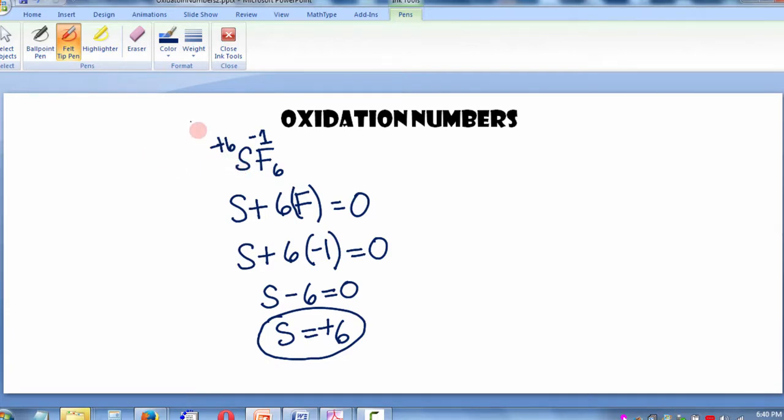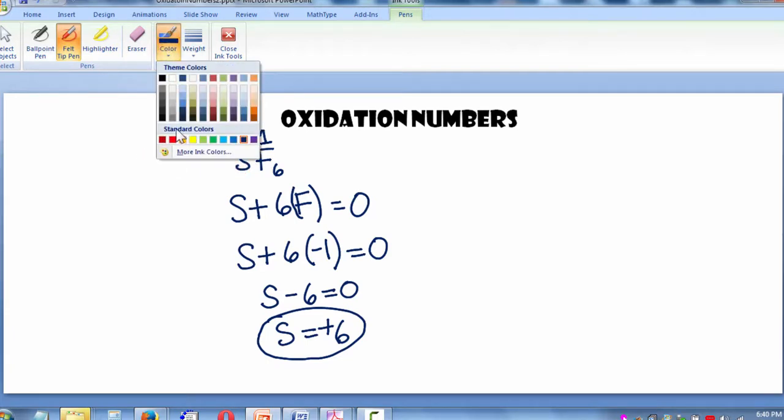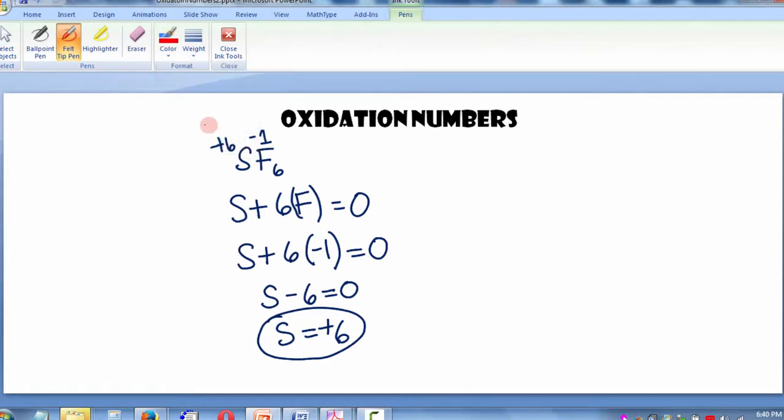So you can double check that. Does plus 6 plus 6 times a minus 1 equal 0? Well, yes, it does. Your plus 6 for the 1 sulfur atom, and 6 times a minus 1 for 6 fluorine atoms, and that equals 0.